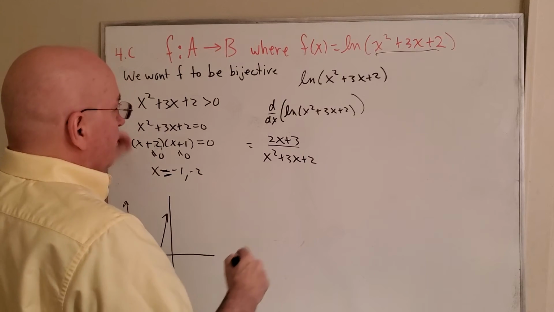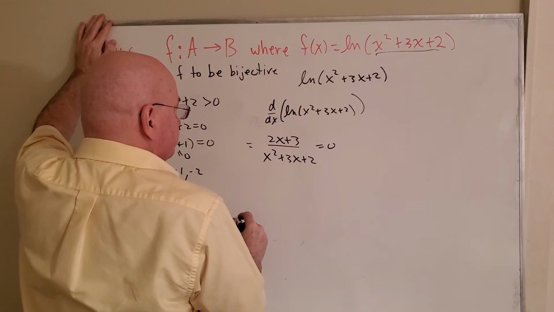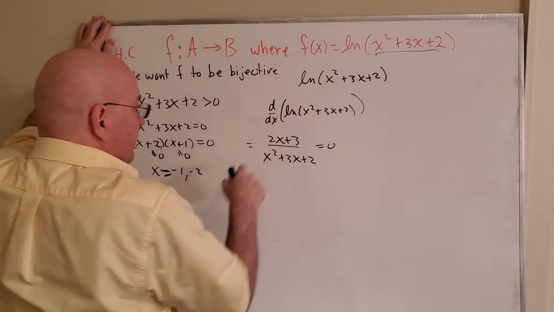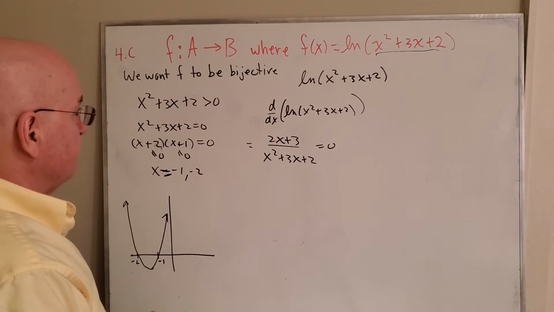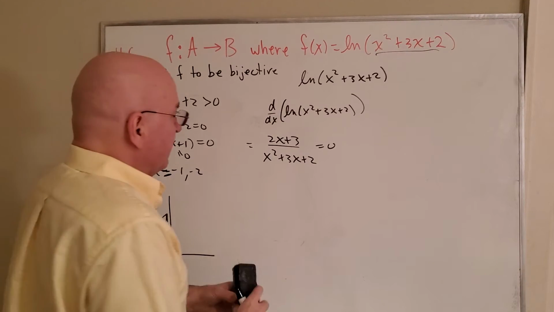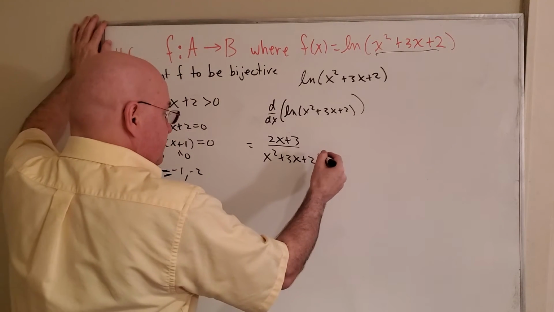All right, so this is equal to 0 when x is equal to negative 3/2. We need to do a little bit more than that. Let's find out where this is.